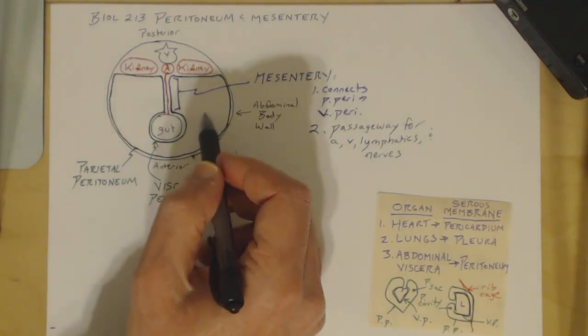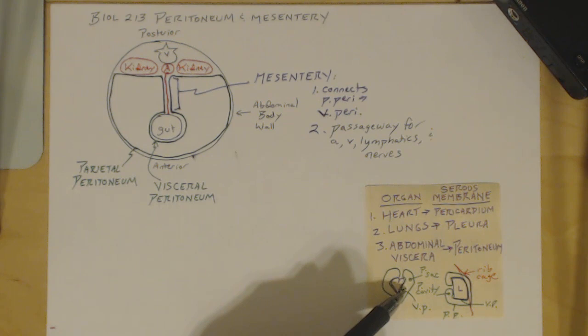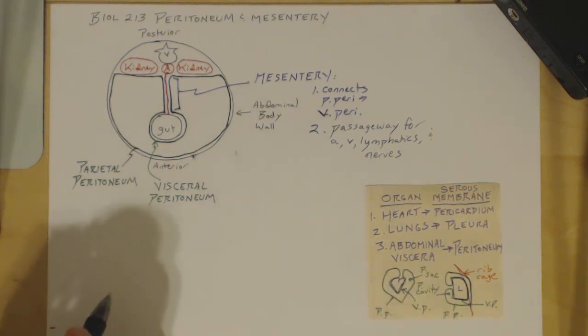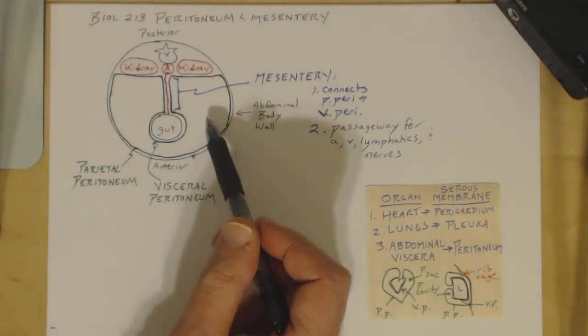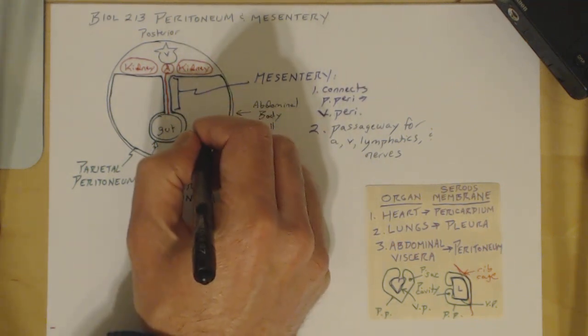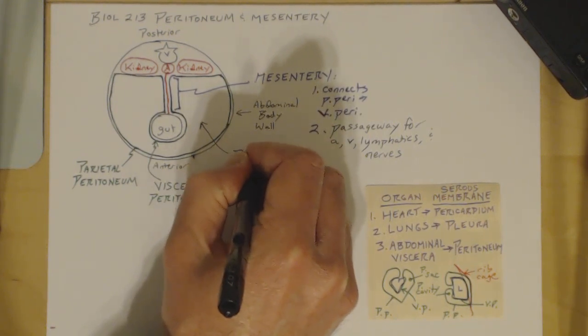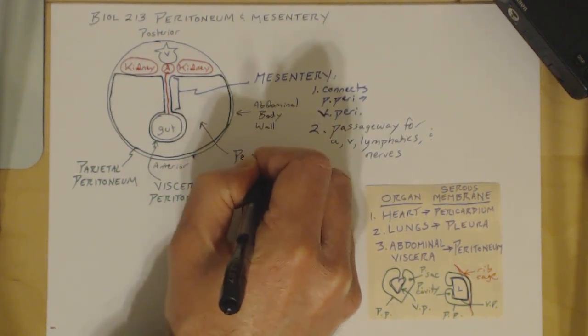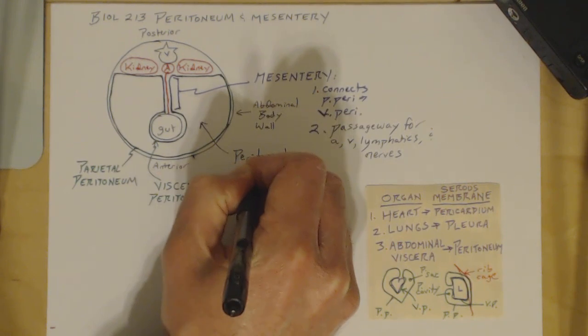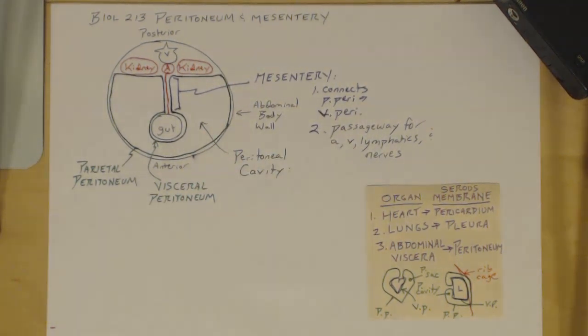What's in this space here? Recall that just like how we had a pericardial cavity in the heart and a pleural cavity in the lung, what would you call this space? That's right. You would call this the peritoneal cavity. What's in the peritoneal cavity? Absolutely nothing.